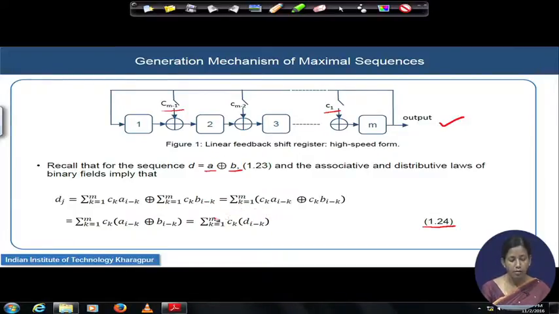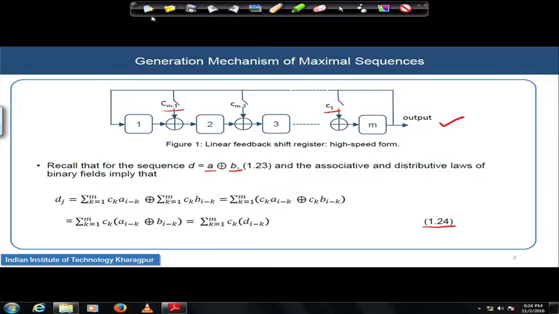After some simple mathematical processing, we ended up with the fact that CDJ can be written in the form of CK D(I minus K), which proved that when two sequences generated by the linear feedback shift register are XORed, each and every bit of the new sequence will show a linear recurrence with the earlier stage values.